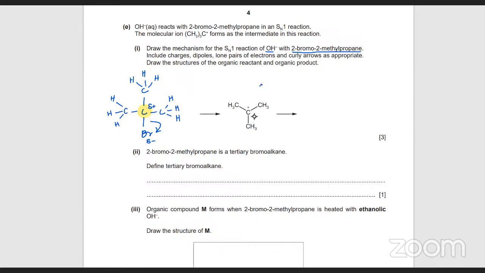And then the OH minus 1 comes in, और वो आके फिर इधर attract हो जाता है. So this carbon, which is bonded to 3 CH3s, will also have an OH that's going to be attached to it.